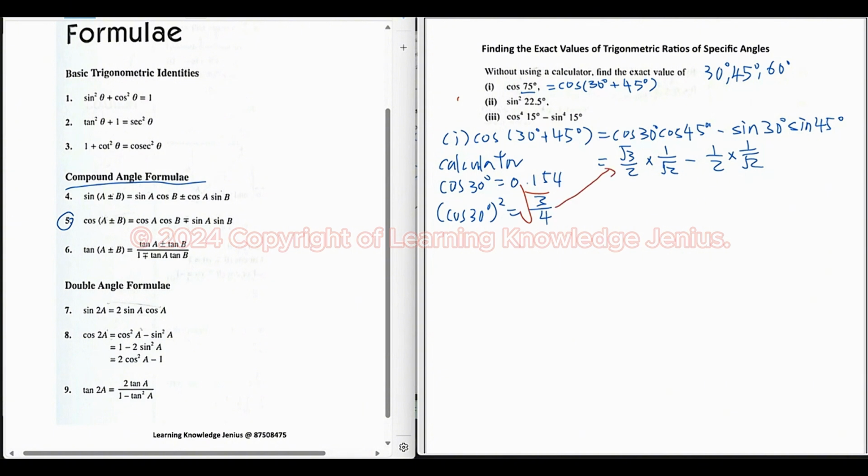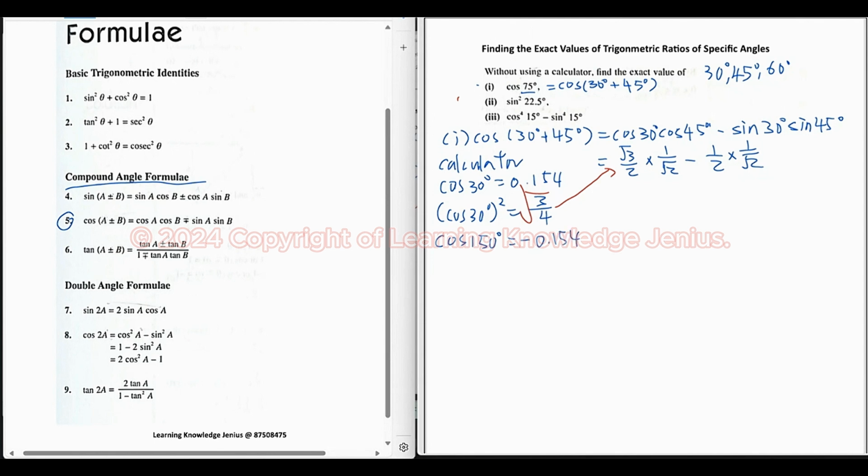But be careful about the sign. Just by the way, let's say you get 120 degree, then your calculator will actually give you negative 0.5. Sorry, I mean the other one. Let's say you have cosine 150 degree. Then it will give you this one.